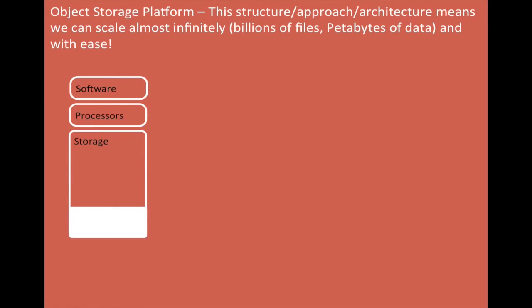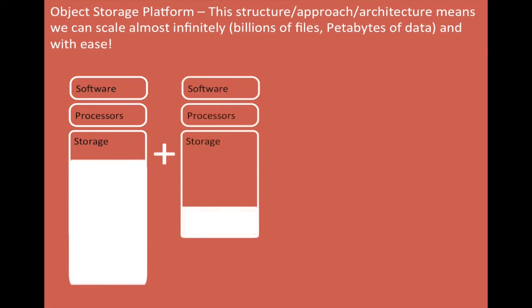So that's really handy. So what happens then if it starts to fill up? Well, because of the configuration and the way we've made the object storage platform, as it fills up, we can hit a threshold and add some more. We can simply add some more cheap processors, the same software to manage the object storage platform, and more cheap disk.